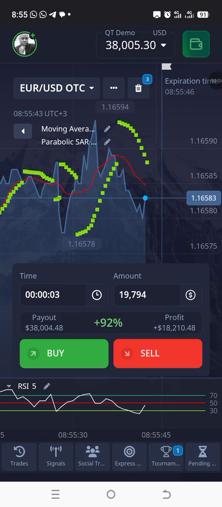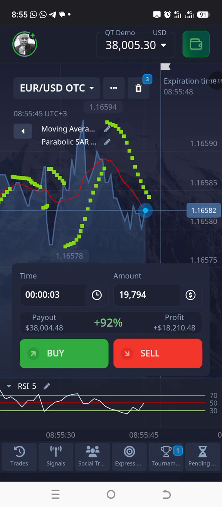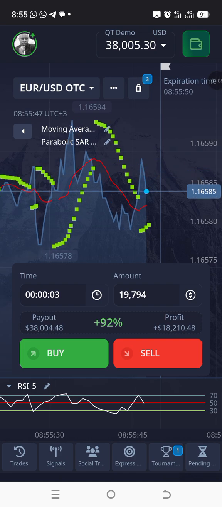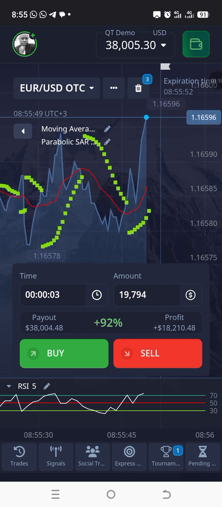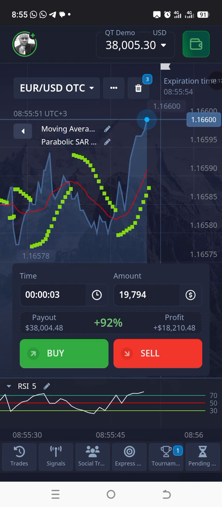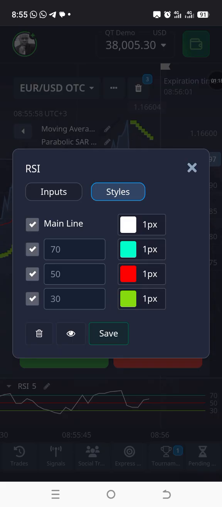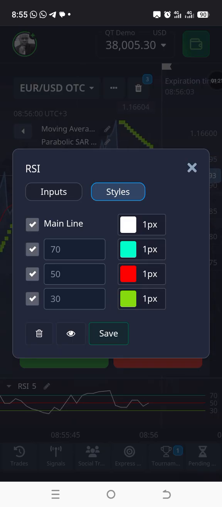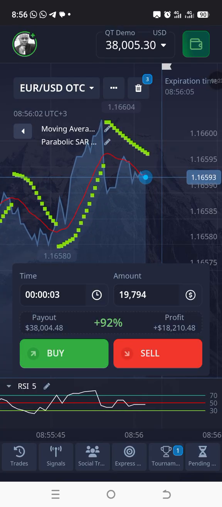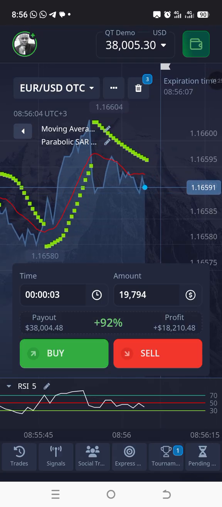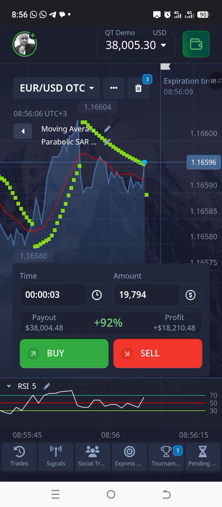Now you put your settings in order. Make sure you have put your RSI indicator settings. Now this is how you set them. Input, you put it 5. Style, just as it is. Then you save. Then you come to parabolic SAR.